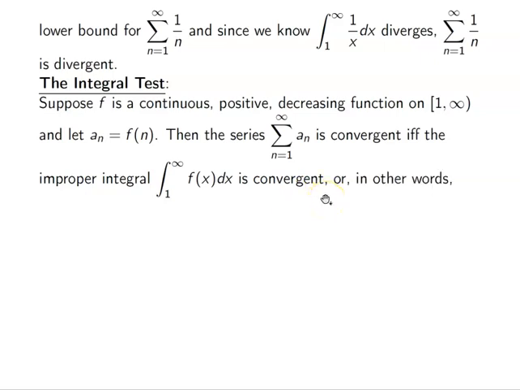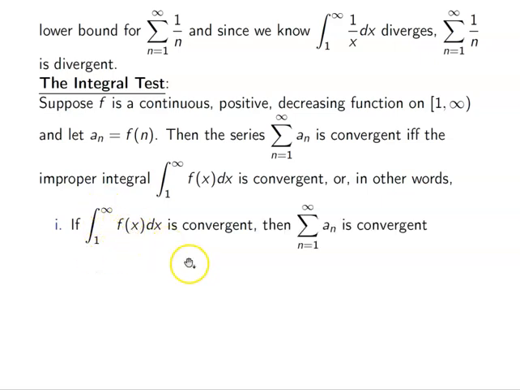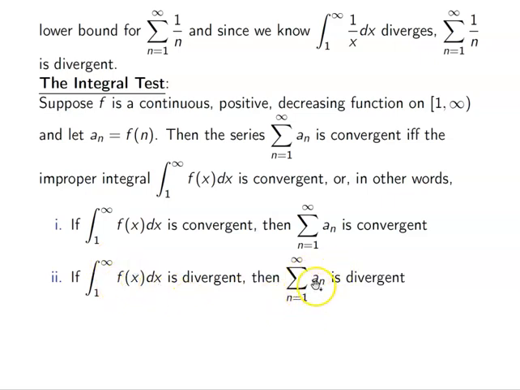Or, to put this in simpler words again, if the integral from 1 to infinity of my function is convergent, then my series is going to be convergent. If the integral from 1 to infinity of my function is divergent, then the sum is going to be divergent as well. Okay. So again, I can't use this on every function.